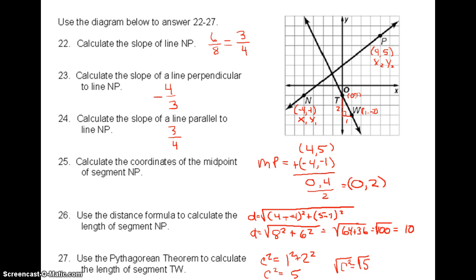Doing that in our calculator, 2.2. So c equals 2.2. Done.